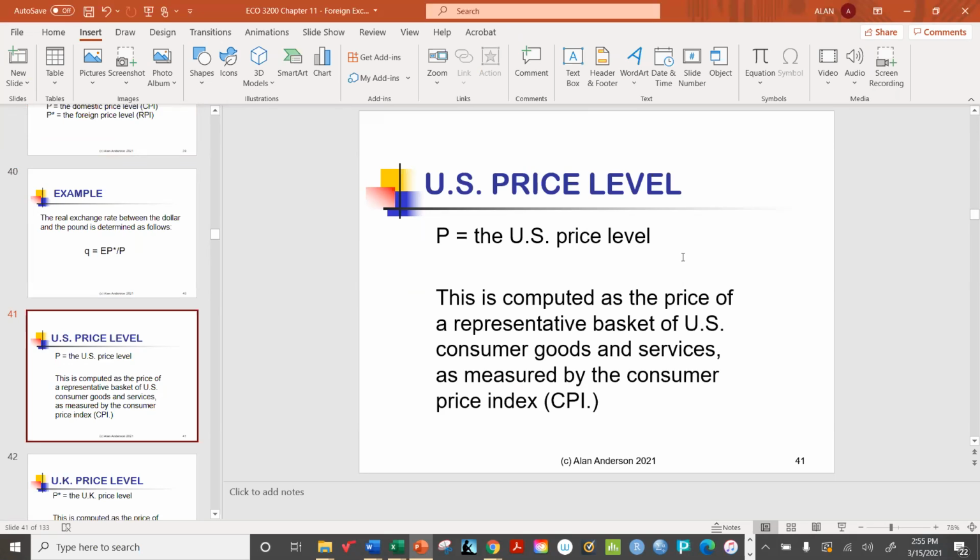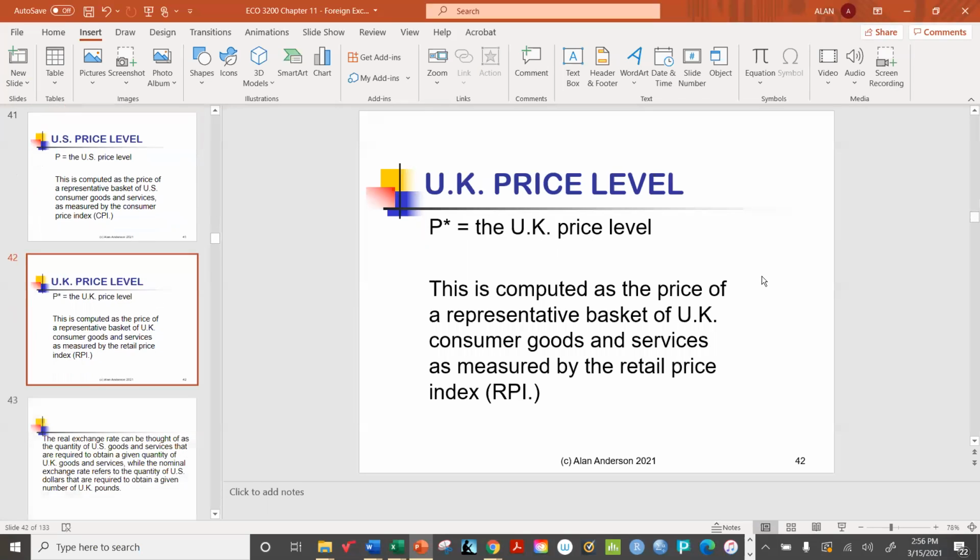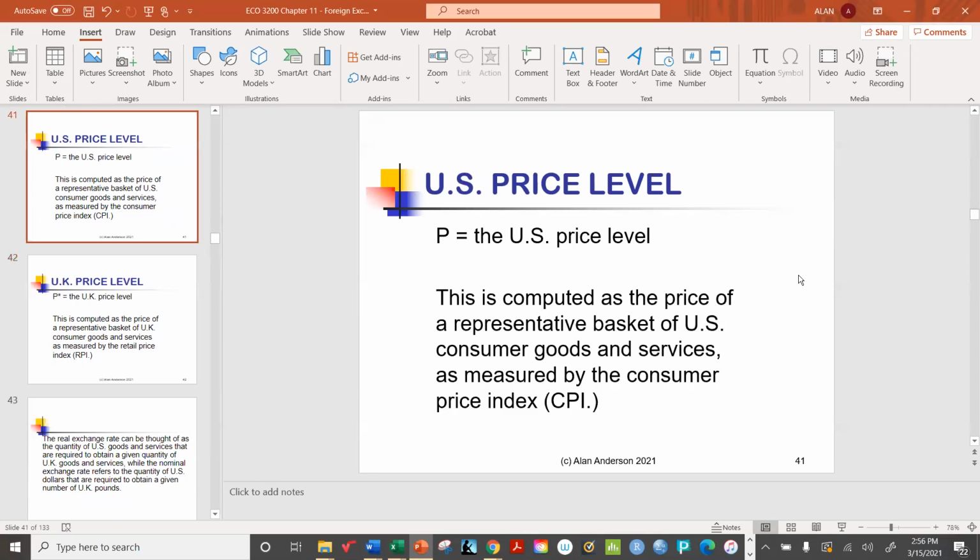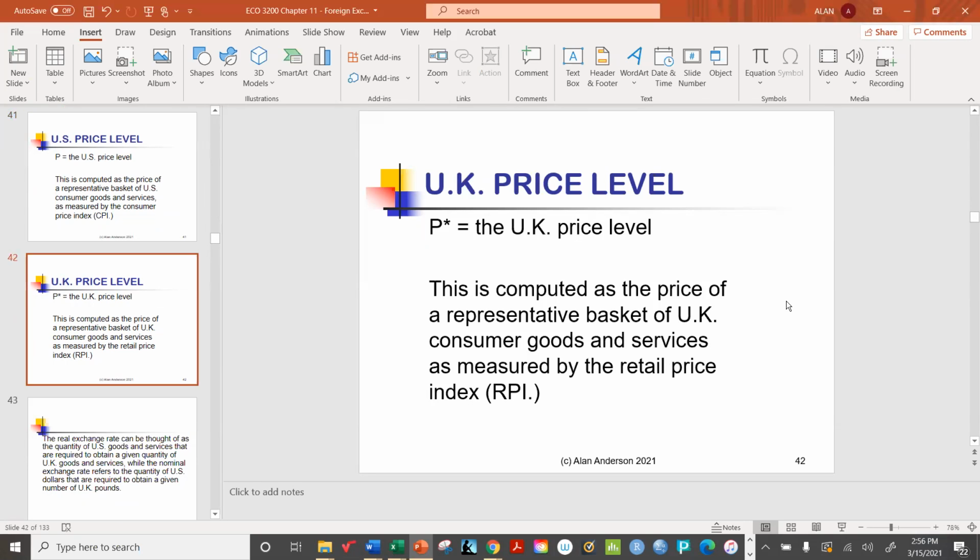It is the price of a representative basket of goods and services, the basket that was chosen by the BLS. And so that's what we're going to use as the US price level. P star will be the UK price level. All right, so remember, P is the US level. P star means the UK or foreign price level. And that's going to be the RPI.